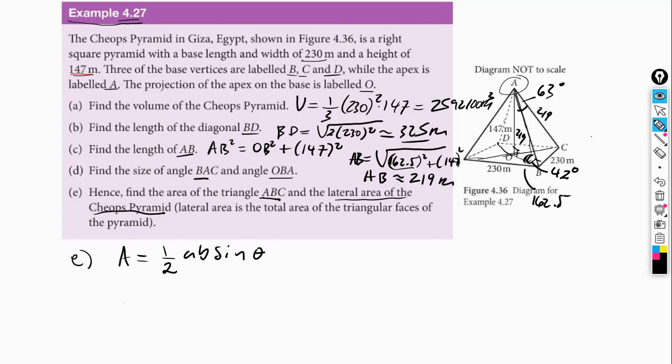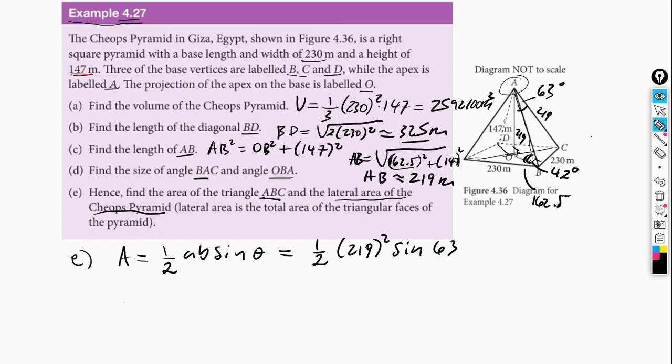So in this case, it's going to be that the area is 1/2 times A times B, but A and B are the same, so that's going to be 219 squared times the sine of the angle, which in this case is 63 degrees, so sine of 63.